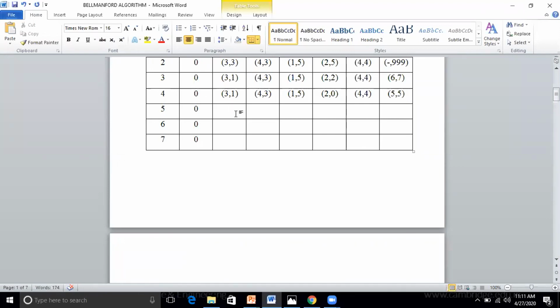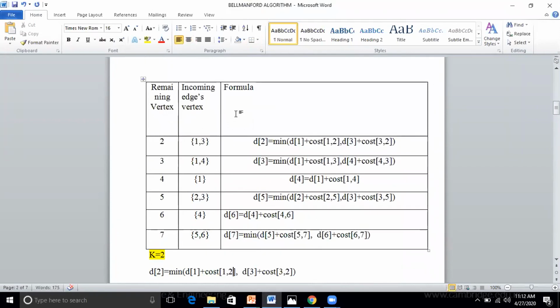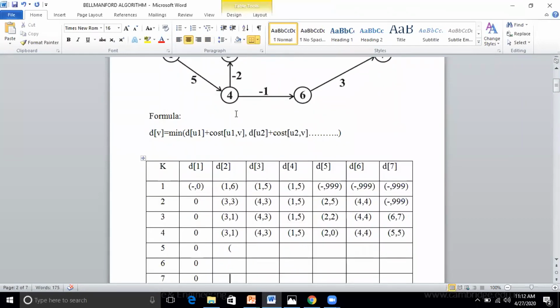I'll just display the formulas if you want. Is it 3, 1? Yes, sir. Okay. It's 3, 1.